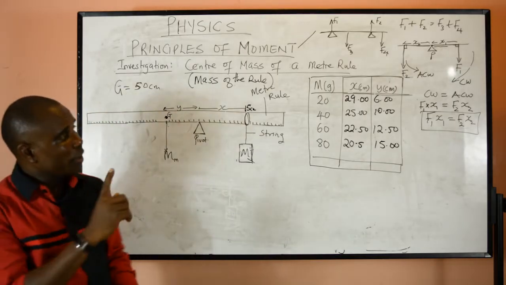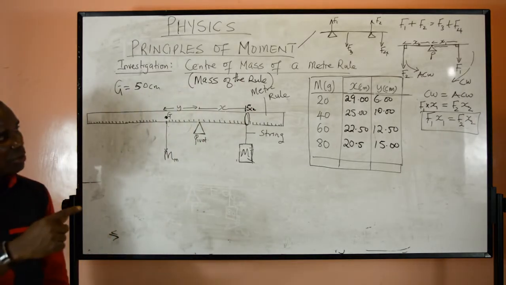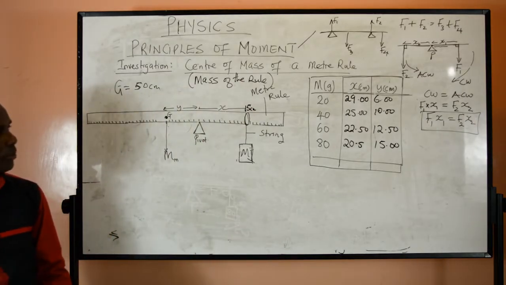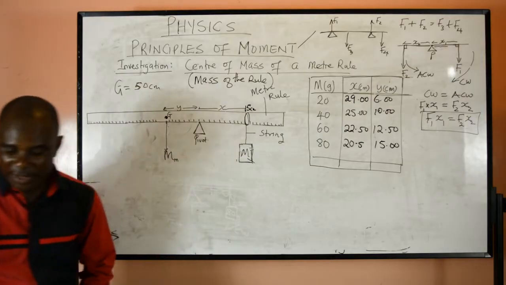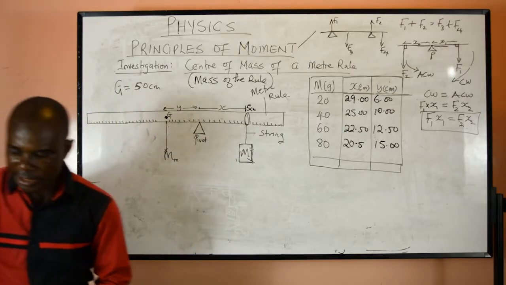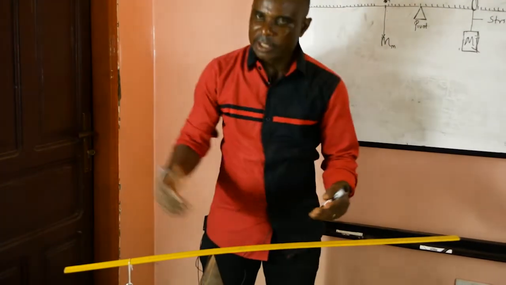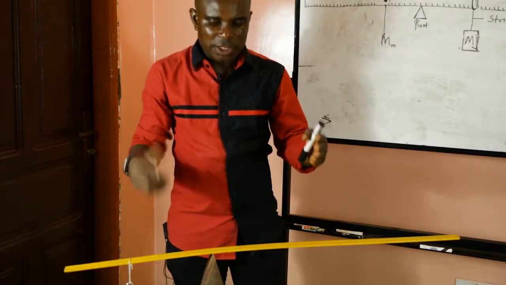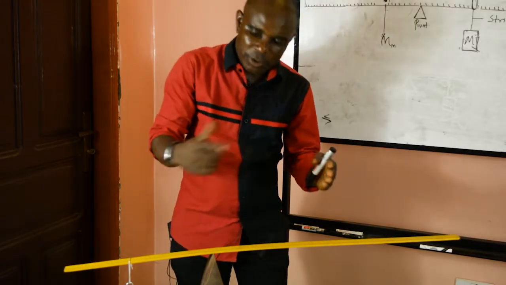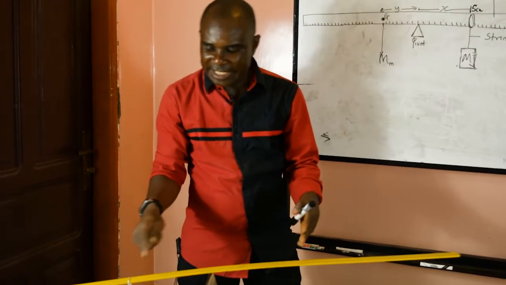So we are going to pause here for now and continue with some other experiment. It's also possible that I can fix this one and try to get a counterweight such that this weight will balance. I want to know what weight will balance exactly this.